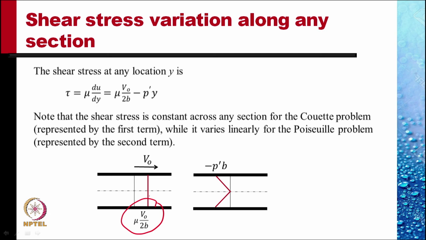But the shear stress due to pressure gradient varies linearly. It is minus P prime b at the top and bottom surface and 0 in the middle. Of course, shear stress should be 0 at the middle because the parabolic velocity profile is symmetric. So, du by dy is 0 at the middle.